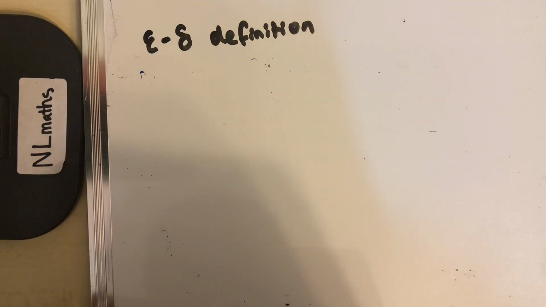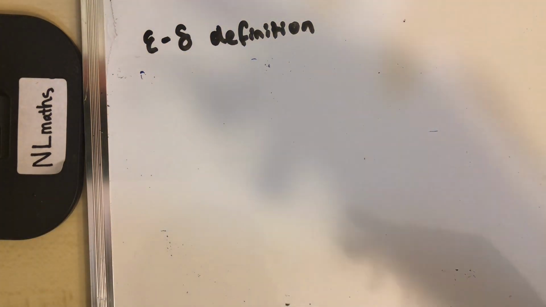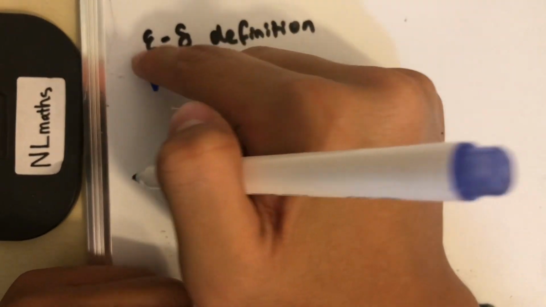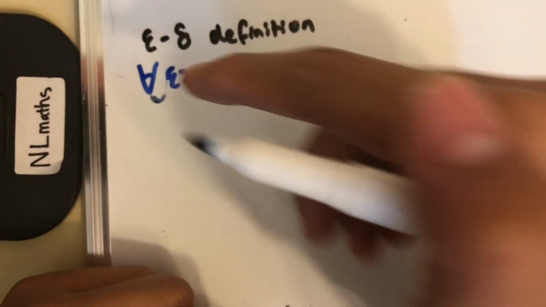So what it is, let me use the blue pen for this. For all epsilon greater than 0, so this upside down A means for every or for all.